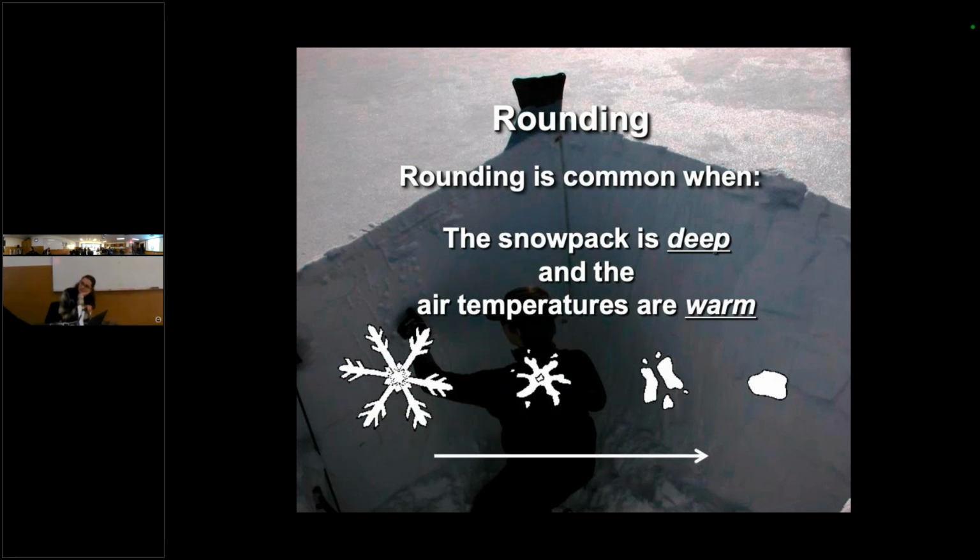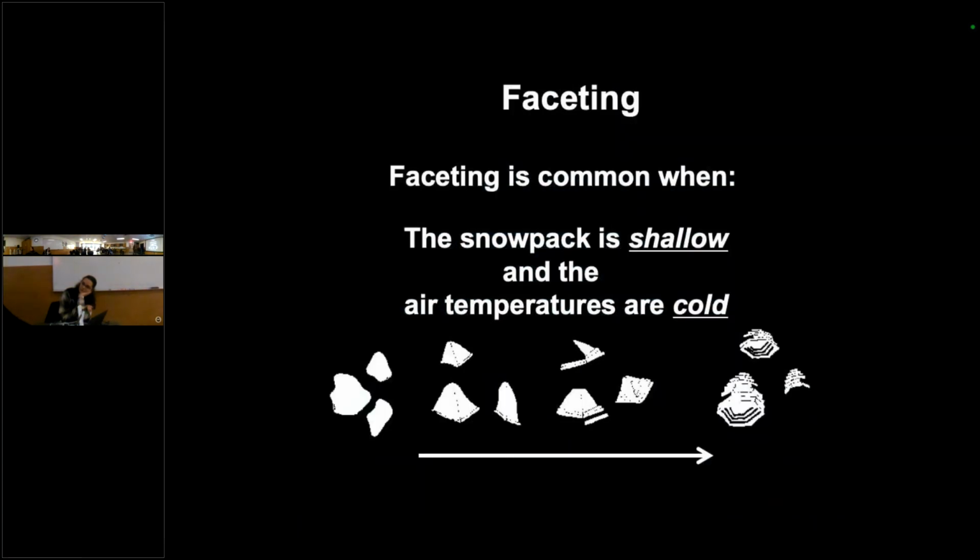Surface hoar, when it gets buried, is probably the number one weak layer for avalanches. Occasionally, you'll get not surface hoar, but depth hoar that gets down at the bottom, at ground level even, especially early season or in places with shallow snowpacks and cold temperatures. It'll form kind of like surface hoar, but underneath the snowpack.